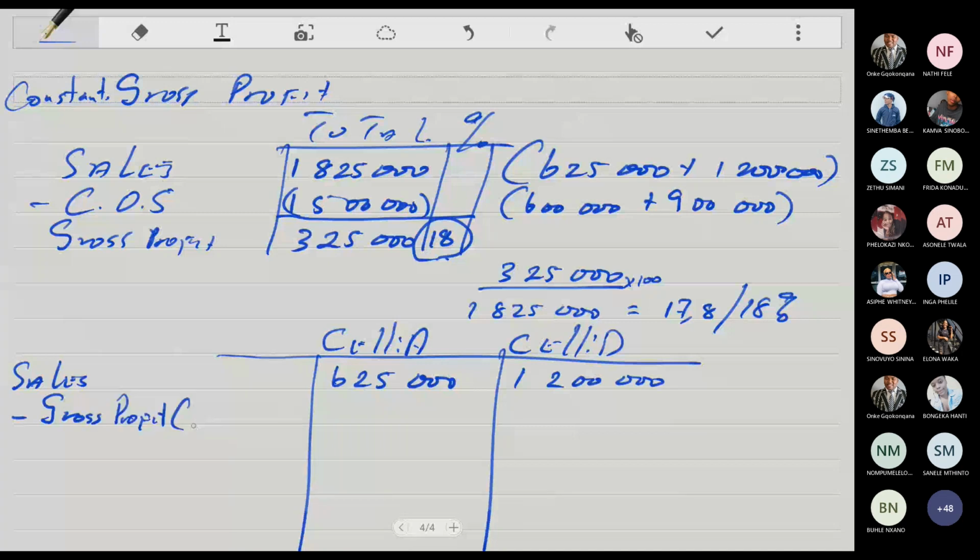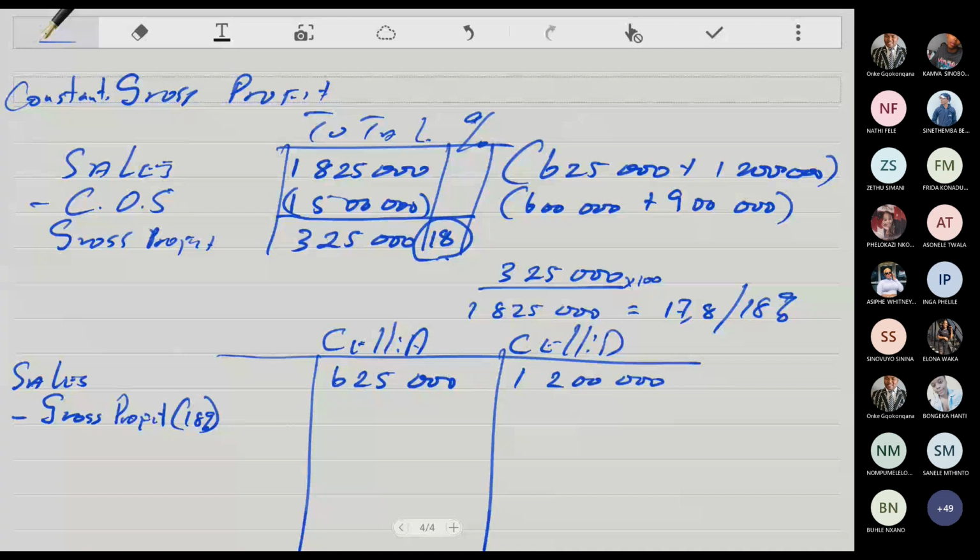What we know about the gross profit is the percentage. Our gross profit is 18%. So now that you know the percentage, you go to each and every sale of the product and work out 18% of that total amount. You take 625,000 times 18%, which is 112,500.